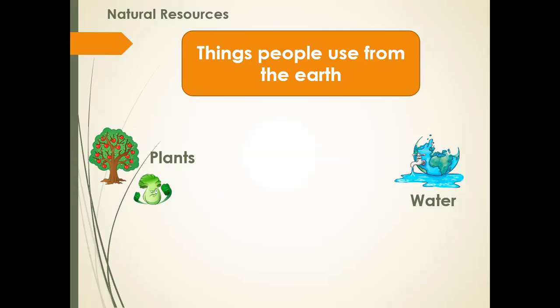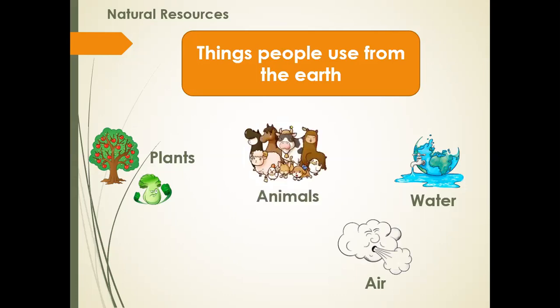Then the air: we are breathing the air, even the animals and the plants breathe the air. Then the animals: we use animals either for eating them or, for example, for riding horses, for living with us, like dogs and cats. So we are using the animals, right?